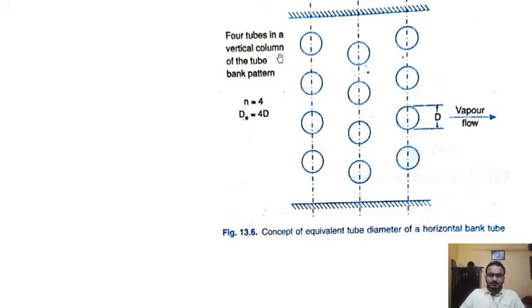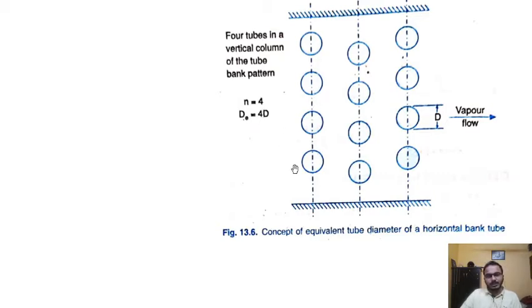Here there are 4 tubes in a vertical column of tube bank pattern, as you can see, 1, 2, 3 and 4. So as n is equal to 4, our equivalent diameter will be 4 times D.